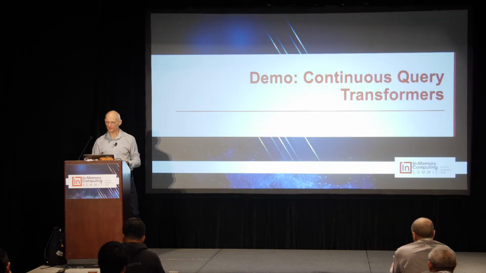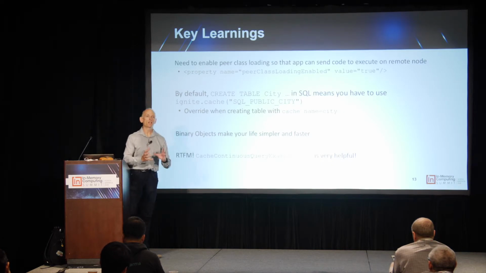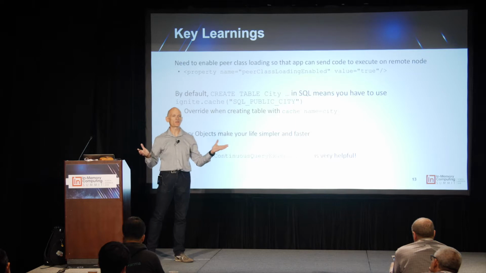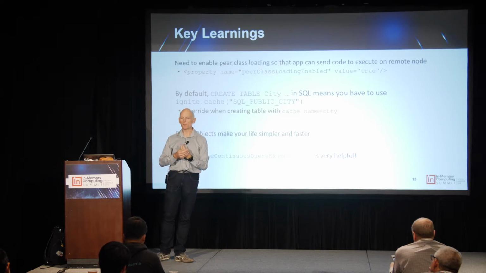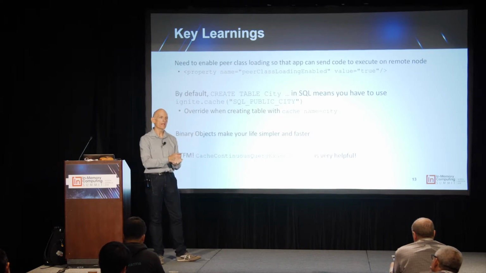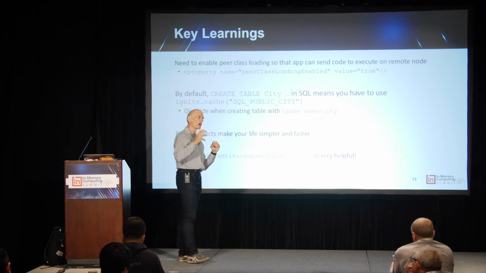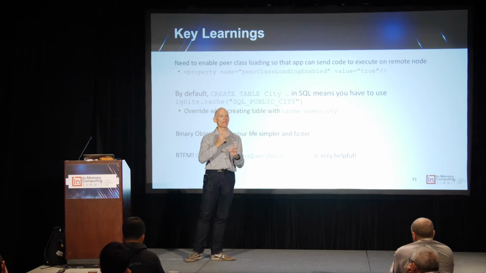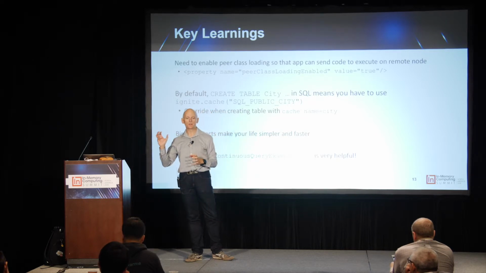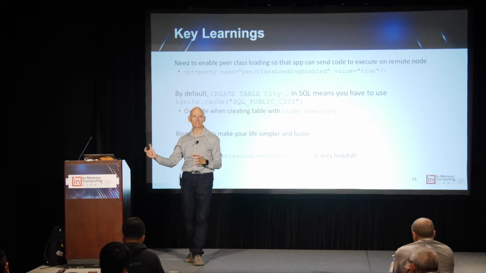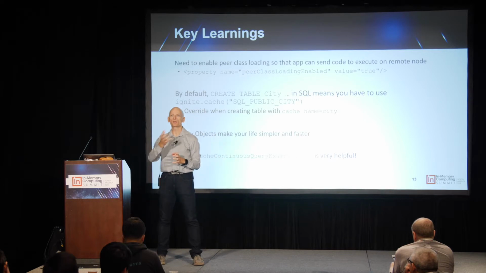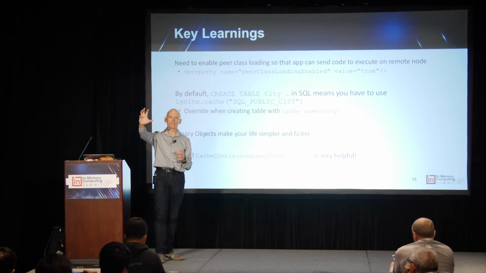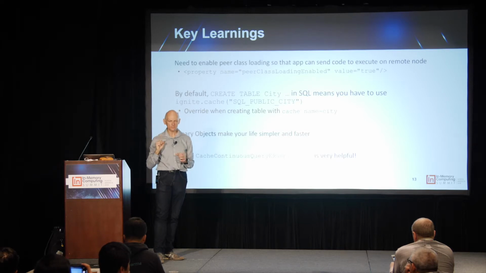Right. So I learned a lot from writing this couple of 100-line generic application. One is that when you are setting up these remote filters and transformers, you have to enable peer class loading, because what's actually happening is you're shipping code out of your app into the Ignite node to be executed remotely.